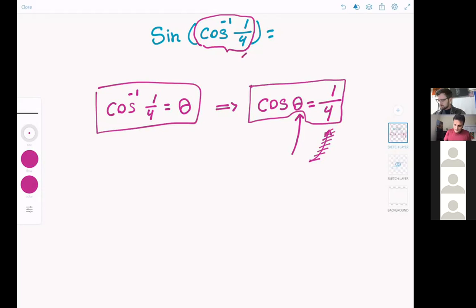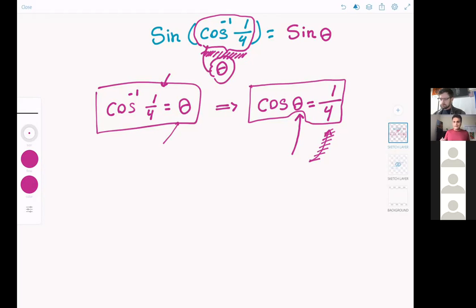So instead of the parenthesis, can I plug in theta? This is exactly the same thing as asking what is sine of theta. That's the trick. When we see inverse, we substitute theta, correct? Because we know inverse gives us theta. And I plug this theta in for the parenthesis.